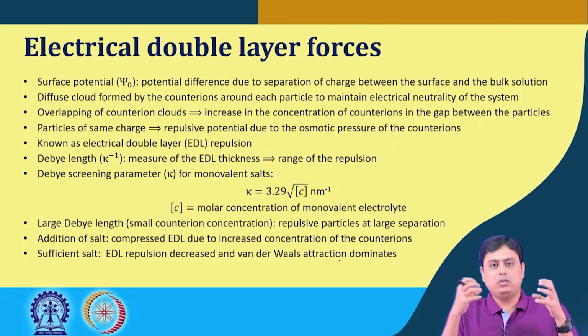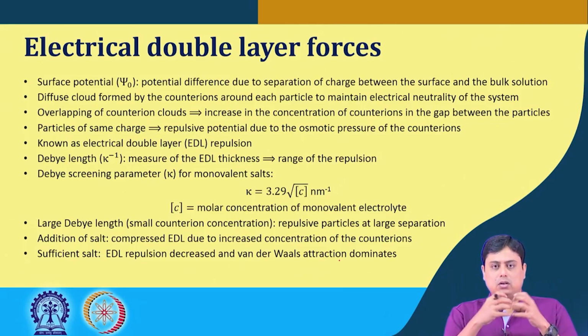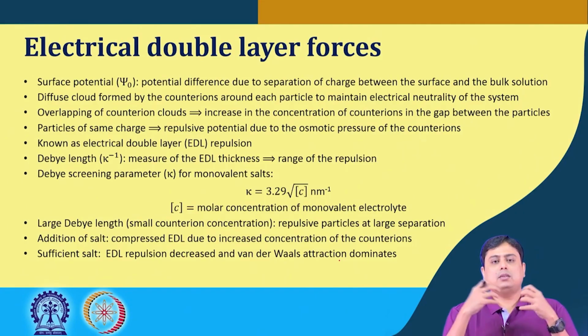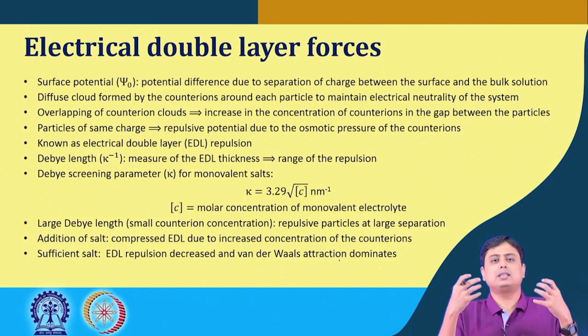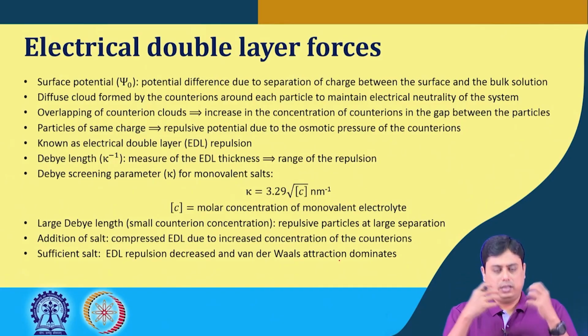Now, when we try to put these particles together or in close proximity, the overlapping of these diffuse clouds, or the counter ion clouds, increases the concentration of the counter ions in between the particles, and if the particles are of the same charge, then it actually repels them.